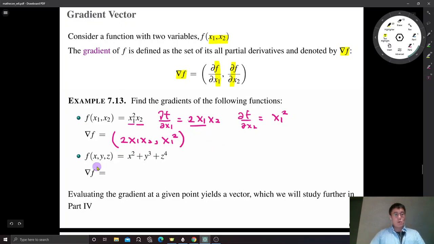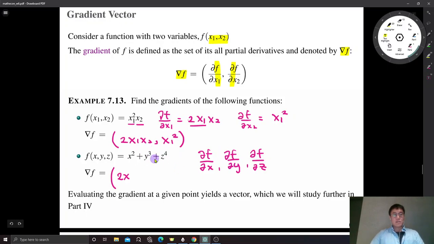Okay, now we have a function depending on 3 variables, but it does not matter. Now we have 3 different partial derivatives. Now the variables are denoted by x, y, z. So the first partial will be with respect to x, second with respect to y, third one with respect to z. Okay, so the first one is 2x, because y cubed and z to the power 4 are constants and they are added.